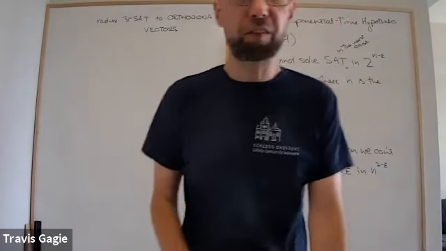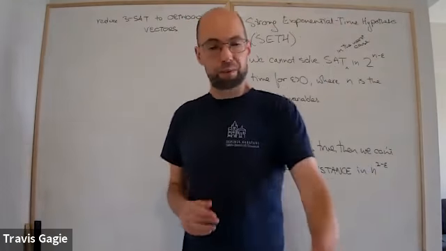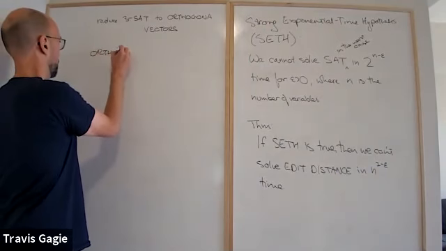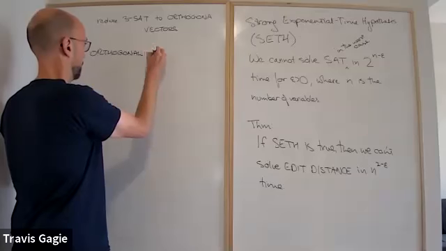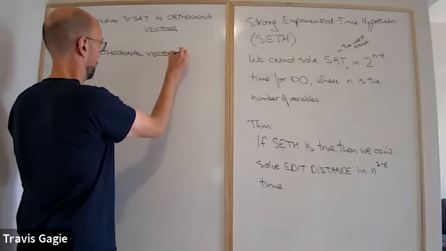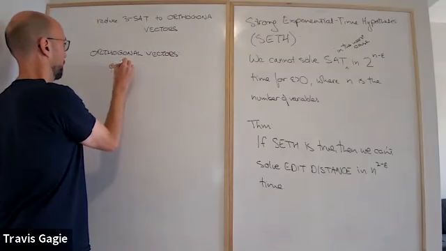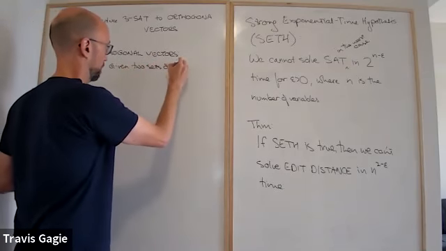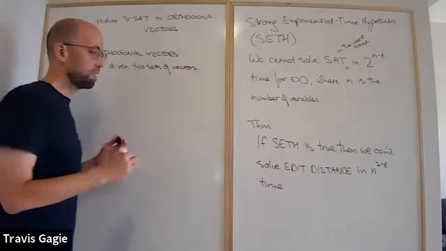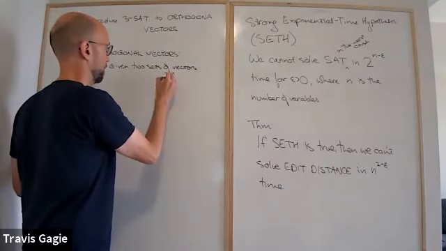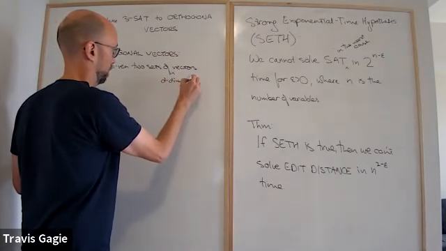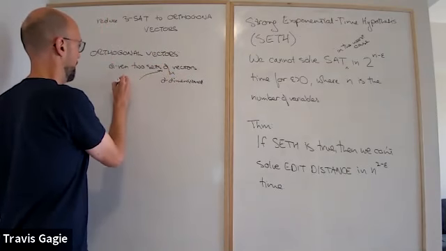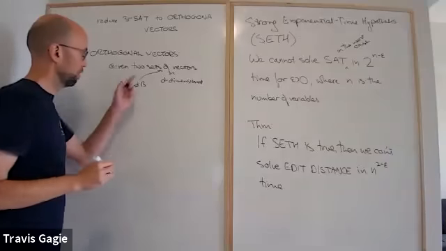So, orthogonal vectors. For orthogonal vectors, we're given two sets, A and B, of d-dimensional vectors.